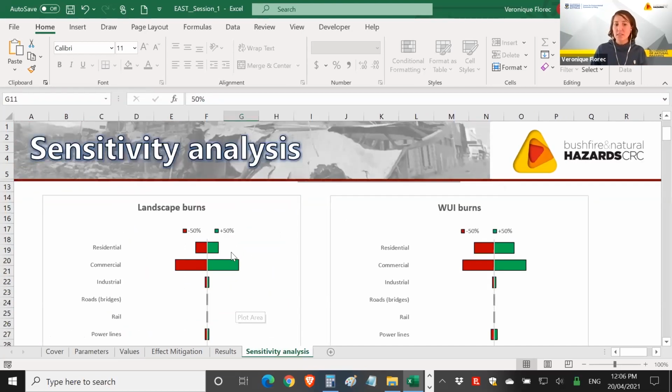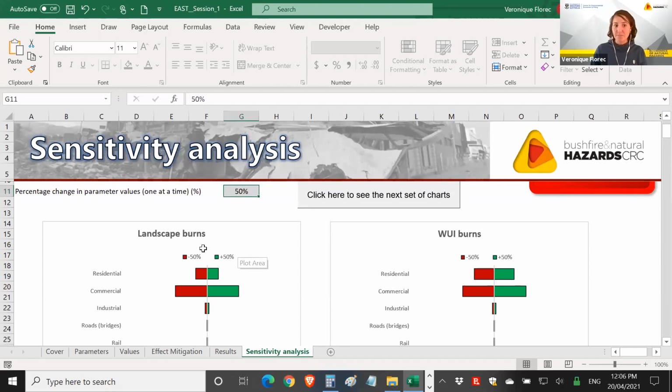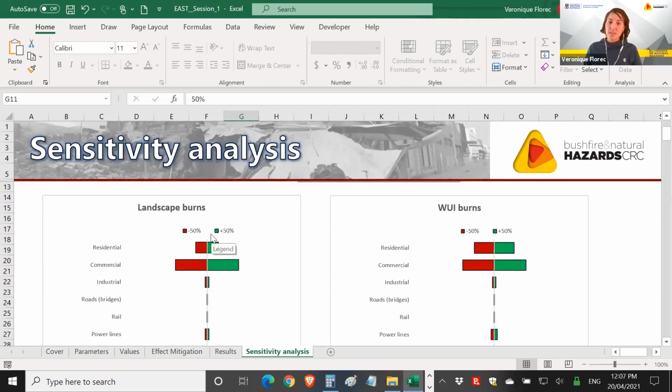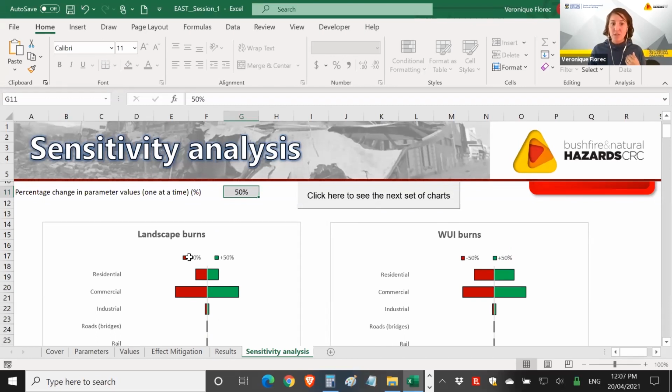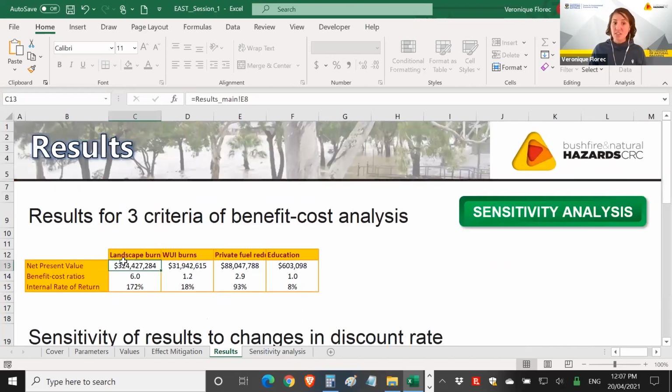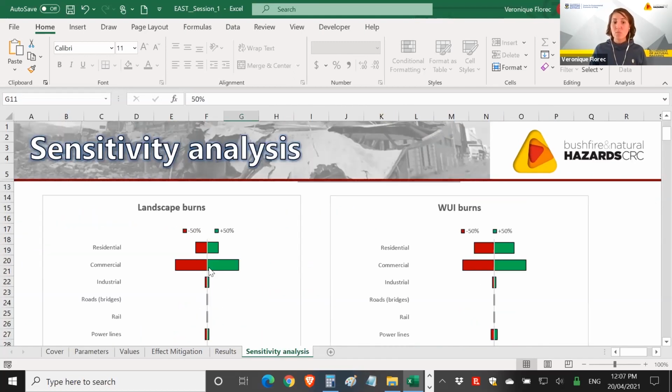Why do I want to do that? This is called a one at a time analysis. The reason is to see if there is one particular asset, whether it's a market asset or a non-market value, that changes my results, one that when I change it, changes this result by a lot. That's what I want to look for. So I want to see how wide these bars go here.